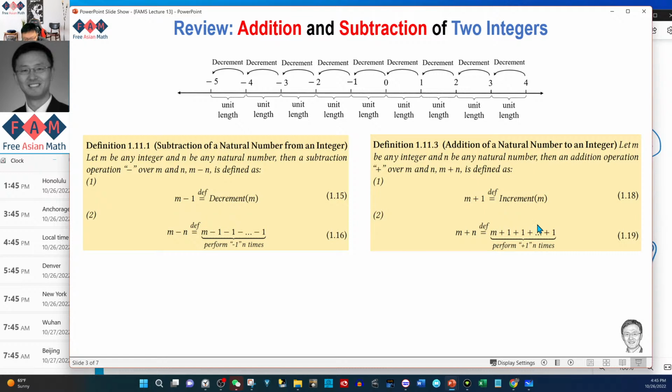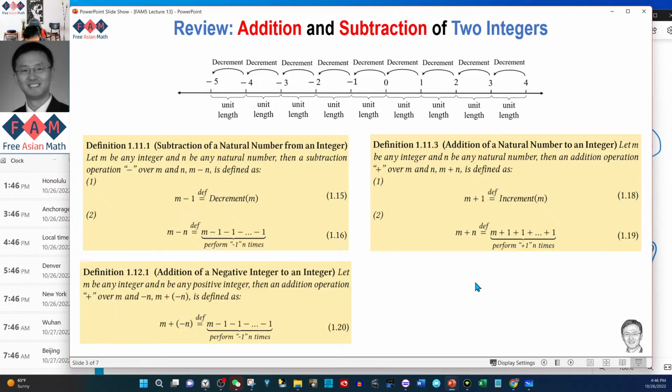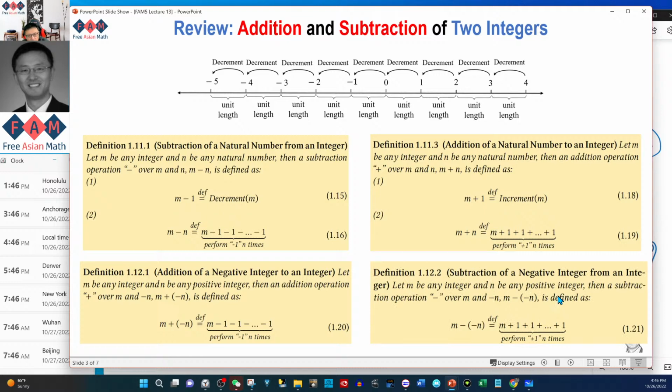And for addition, it's just business as usual. We do counting forward, or counting toward the right, n times. Okay, so this is the first step. Now the second step is that we further relax the second number. Now we allow the second number to be a negative integer.